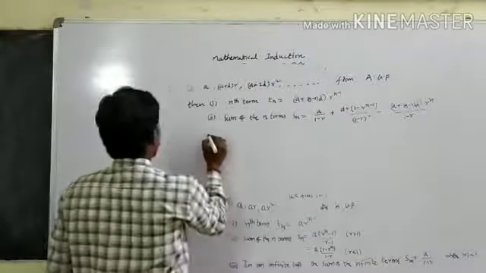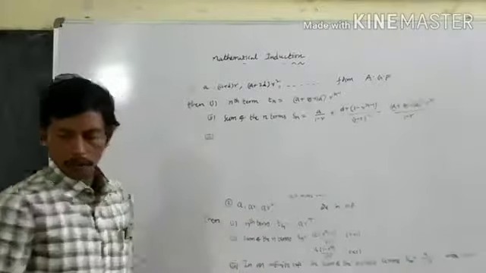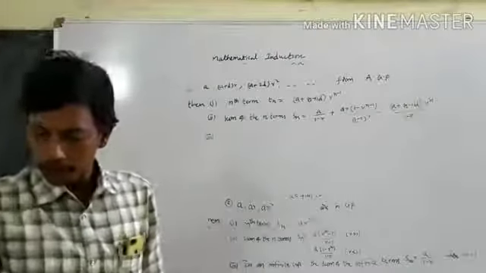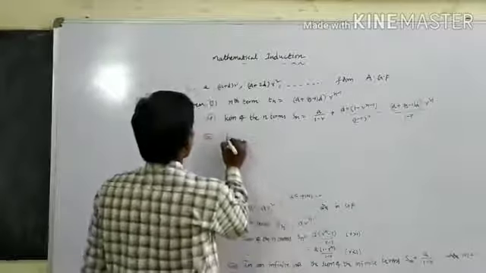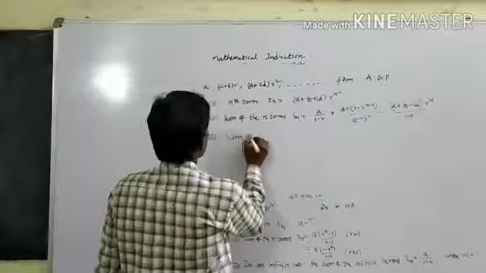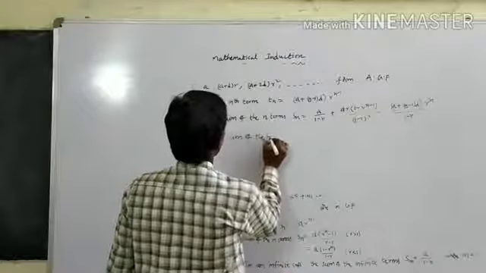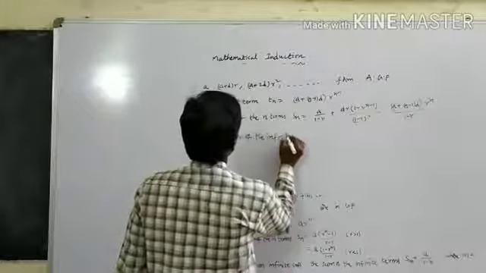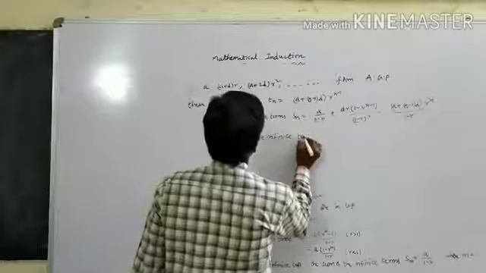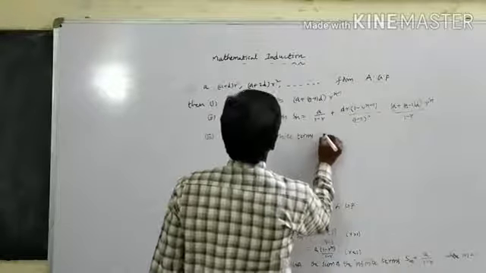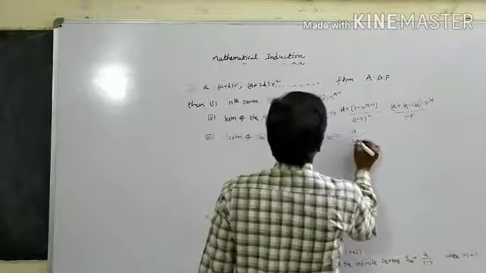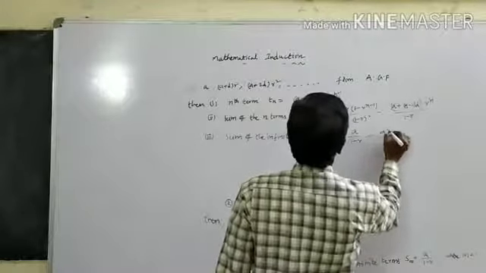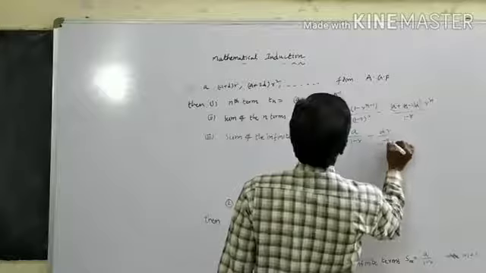Third one, the sum of the infinite terms, S equals a by (1 minus r) plus dr by (1 minus r) whole square.